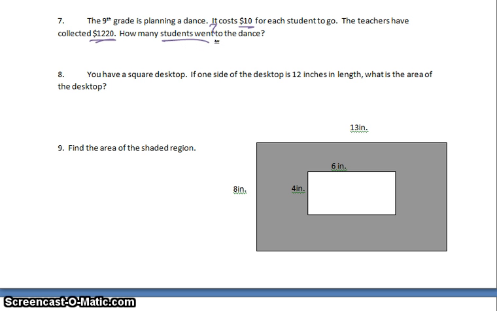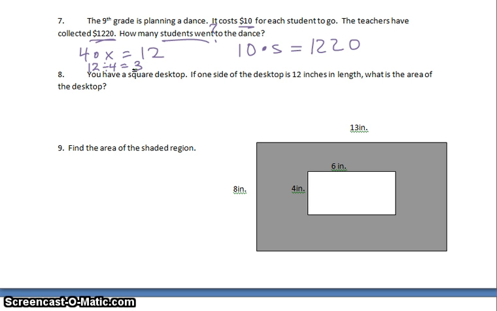Alright, how can we figure this out? Well, if it's $10 times each student, then it's $1,220. Okay, how can we change that so that we can figure out how many students? Mental math, if we were doing 4 times the number equals 12, well, we know that 12 divided by 4 is 3.